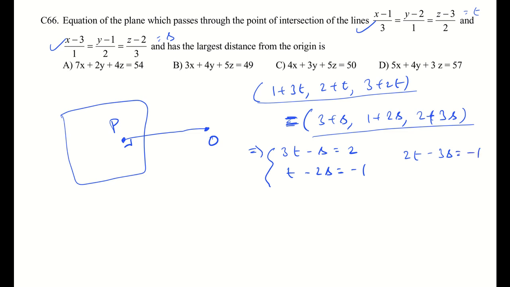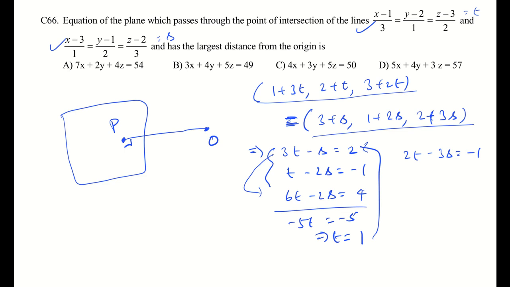Now solving, if I multiply the second by 2, I get 2t minus 4s is equal to minus 2. Subtracting, I have 5t is equal to 5, or t is 1. Using t equal to 1 here, I am getting s is equal to 1. And you can see that those values of t and s satisfy the third equation.